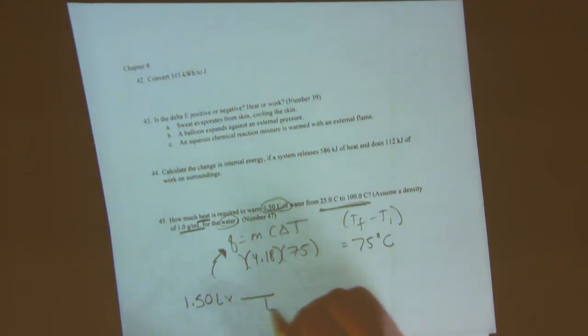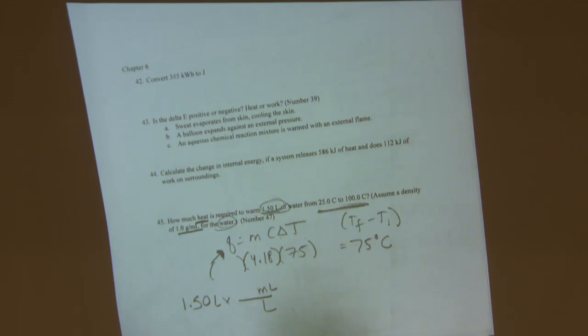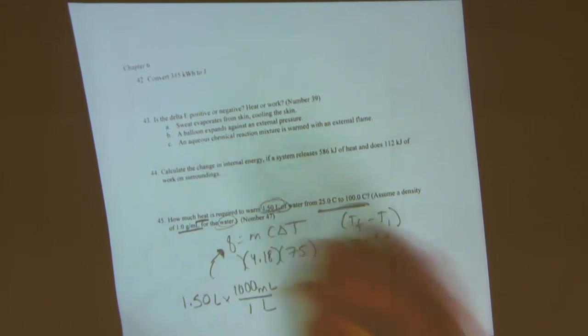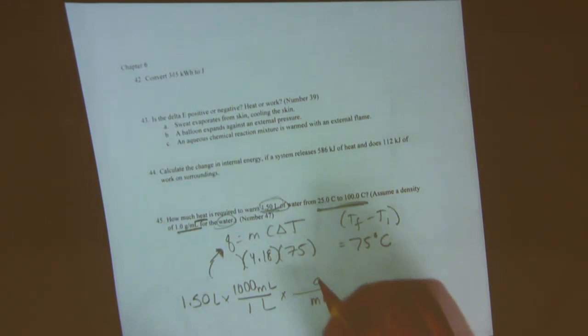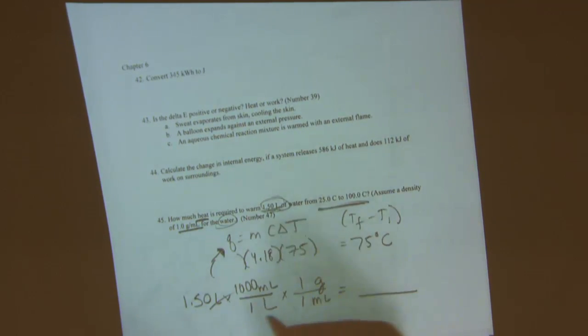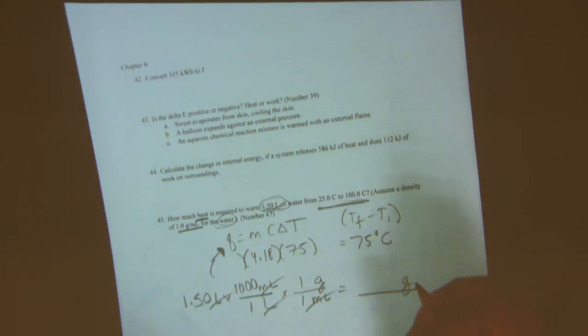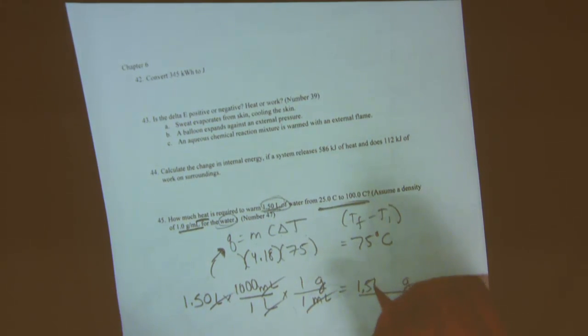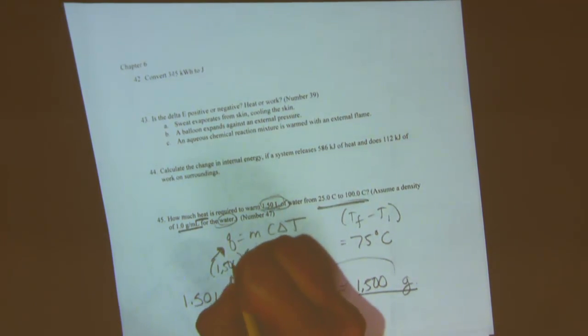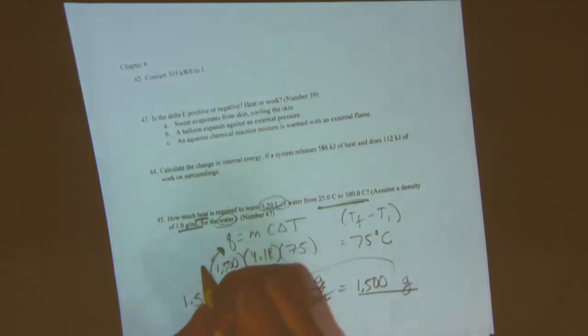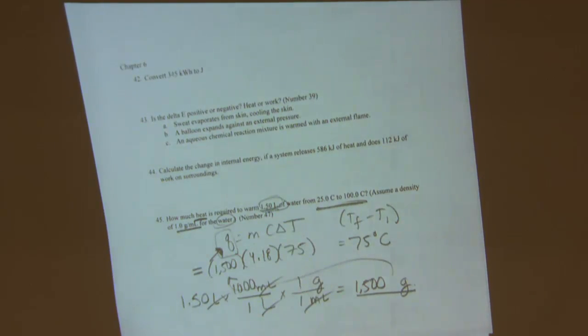So liters on the bottom, milliliters on top. What do I put on the bottom? What do I put on the top? Exactly. And then I can just put it like that, right? So 1 to 1. So what is my value? 1,500, right? Okay, perfect. So that is what I'm going to plug in here. And what do I get as my Q?